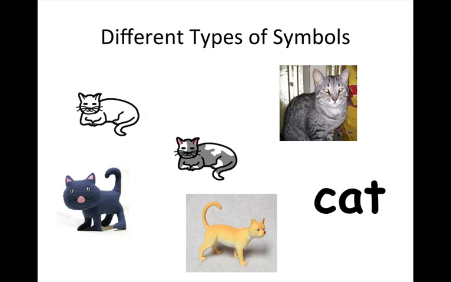But the most recent research confirms that actually students can learn to use whatever symbol set it is that we teach them explicitly. In other words, we don't have to begin with concrete objects and then work our way up a hierarchy. We can begin introducing symbols, and by using those symbols explicitly in our instruction each day, students will learn to use those symbols.